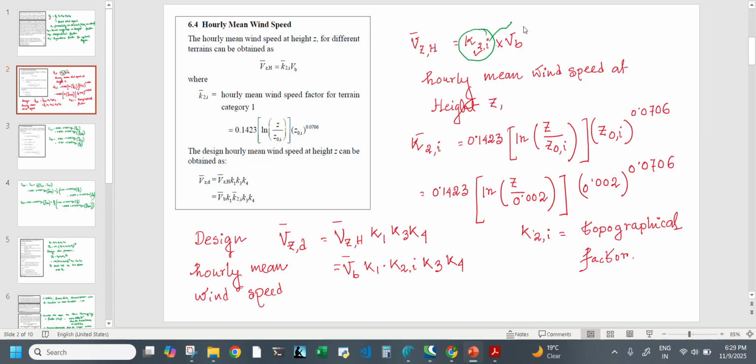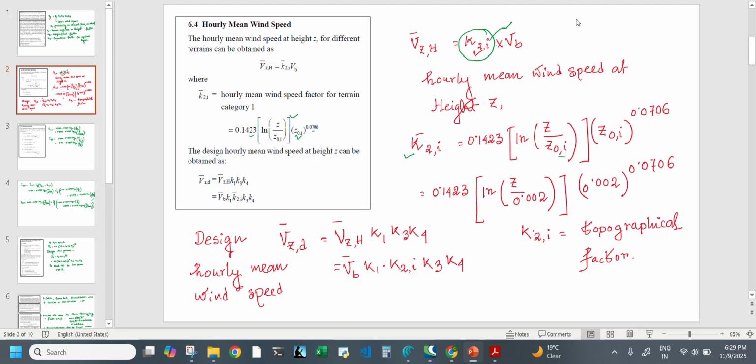Here i is the terrain category. The hourly mean speed K2,i is given by a formula. I am just putting the formula for the case of category 1, to see what the value will be.